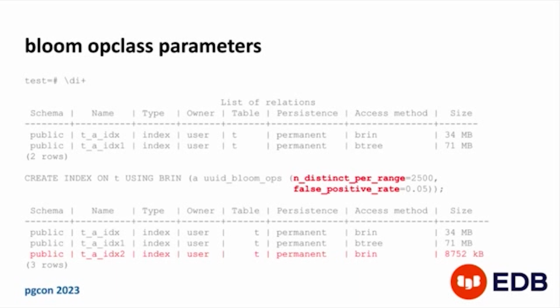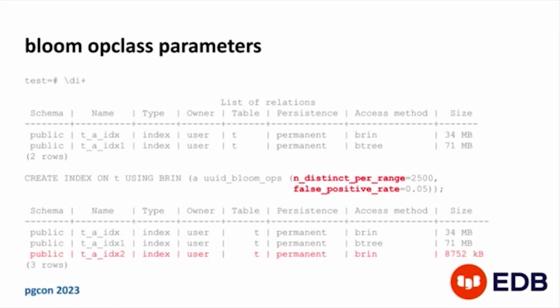This is another feature, I think, in Postgres 14, which is operator class parameters for all indexes. And the index is much larger than the min-max, of course, much smaller than the BTREE, and still improves the performance.